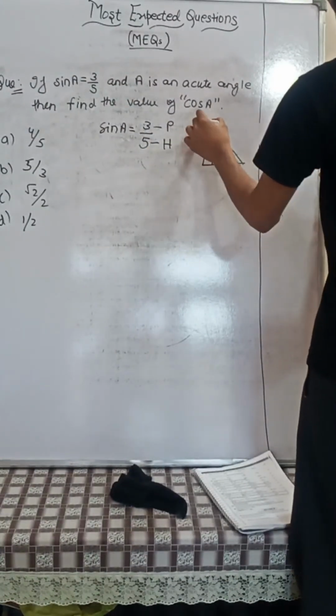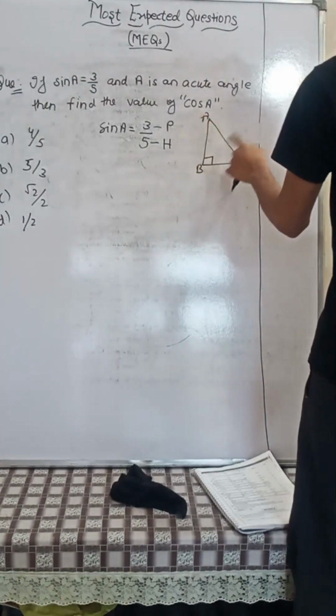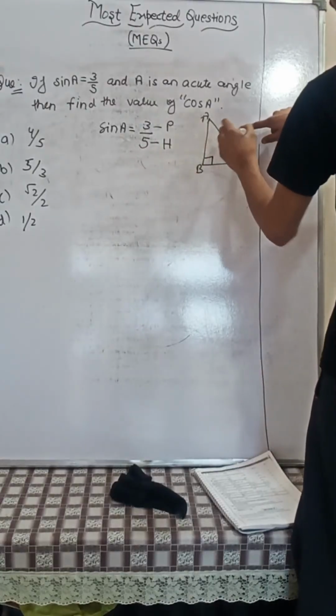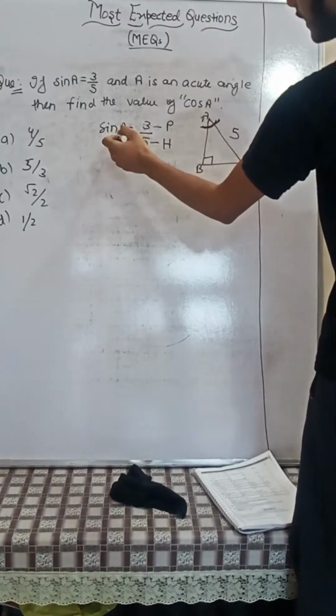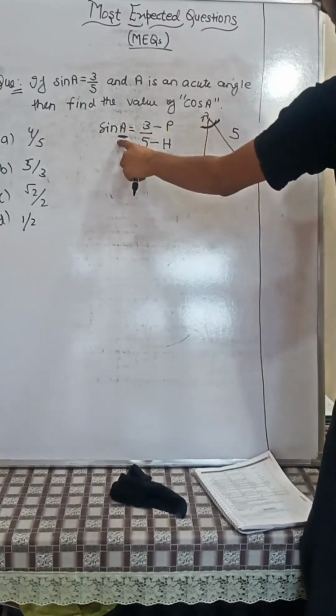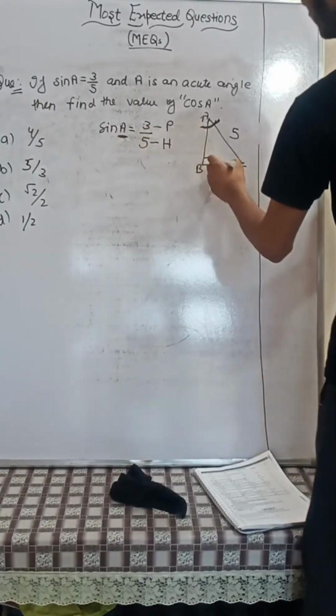This is 90 degree, ABC. Hypotenuse is 5. Perpendicular, opposite angle A, as you see here, BC is perpendicular, which is 3.